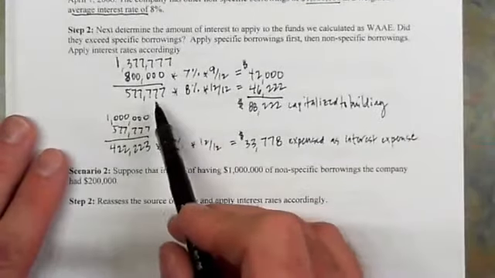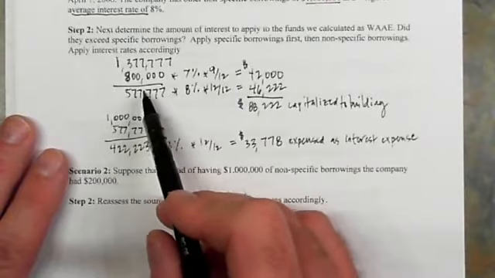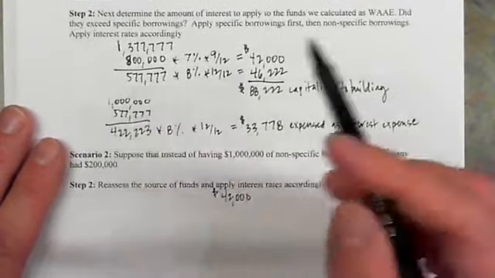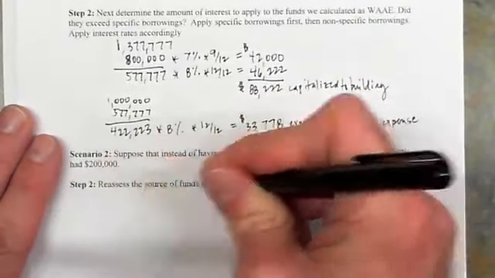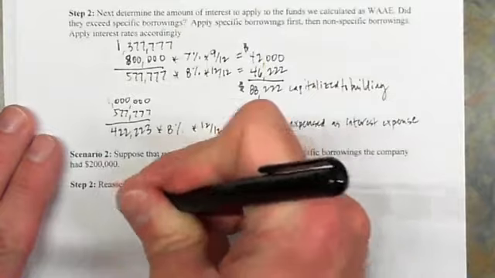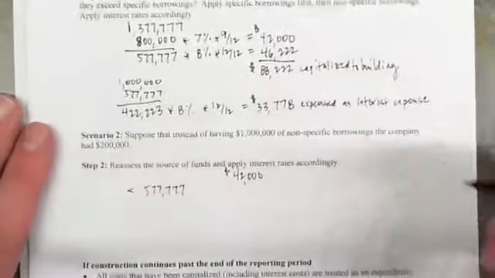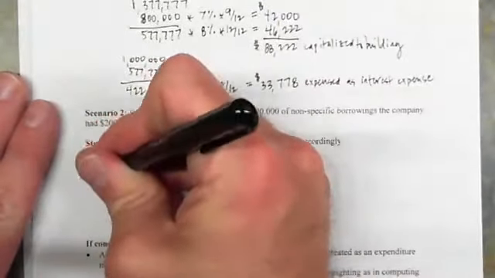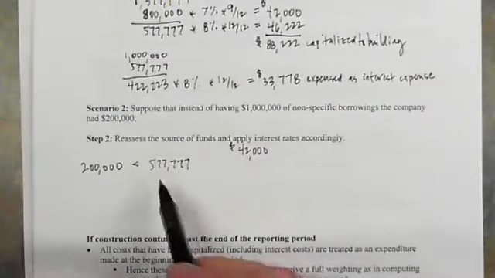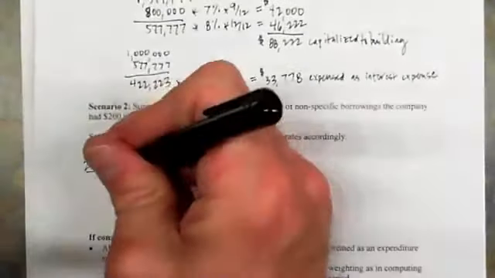Now I would apply the non-specific borrowings to 577,777, but now I have a case where my remaining 577,777 is obviously greater than the $200,000 of debt that I have to capitalize. So I can only take the maximum of that amount.